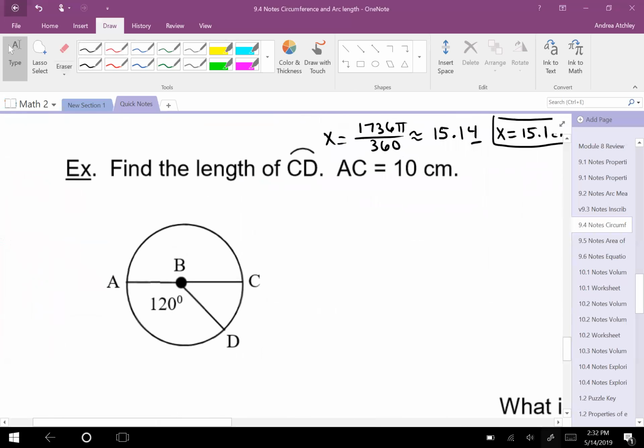Okay, so we're going to find the length of CD. So from here to here is what I want to know. Before I can find that length, though, I need the central angle. Any ideas on how I can find that central angle?